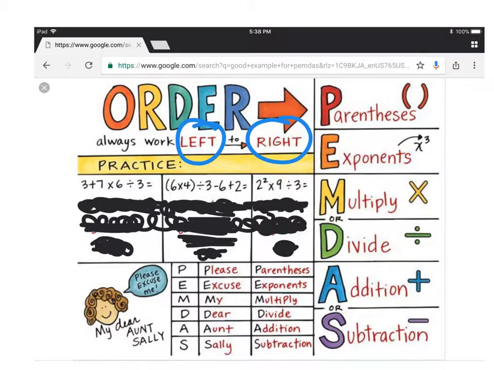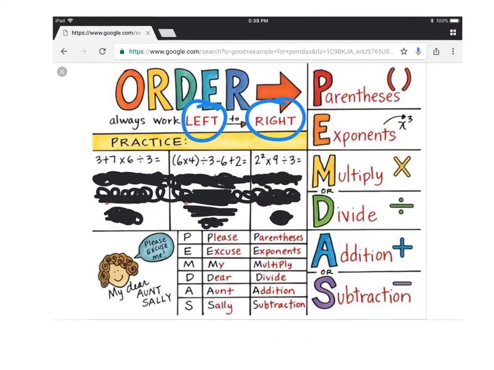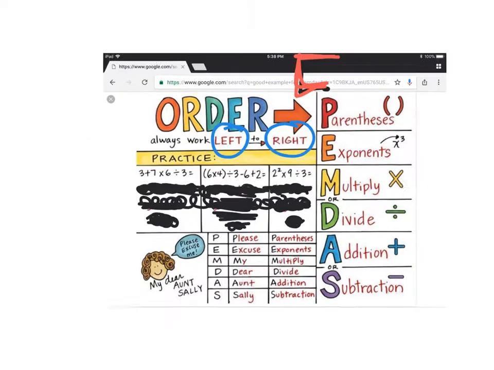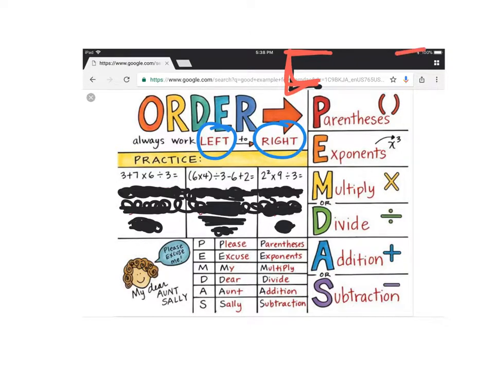There's one thing missing from here, and I really like this picture, but there's one thing missing that we also are going to cover in 5th grade, and that's before parentheses. We have what's called brackets. Can you see that? There we go. Brackets are like parentheses except they're square.